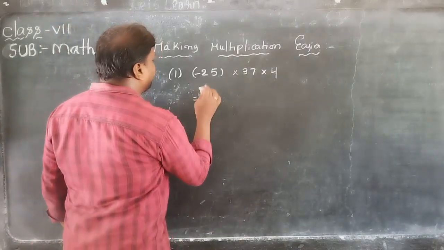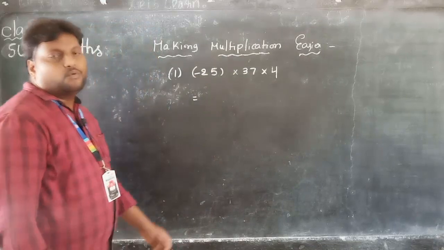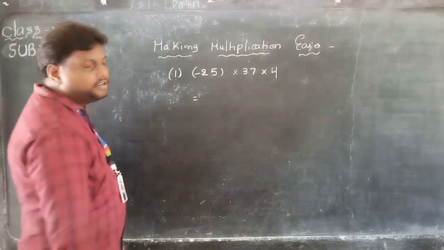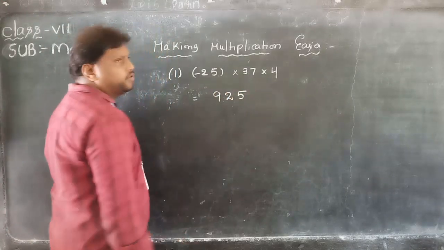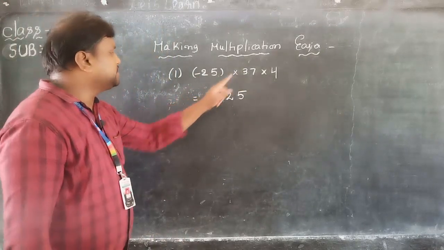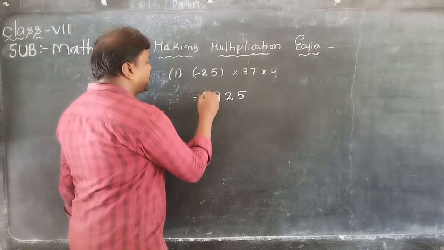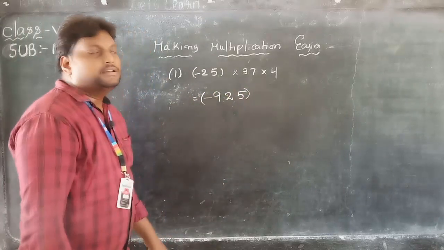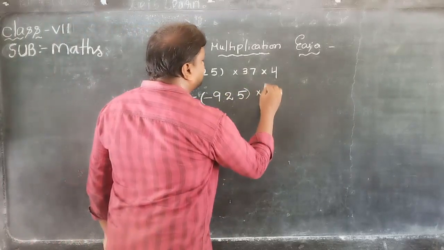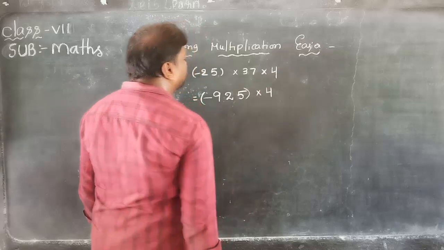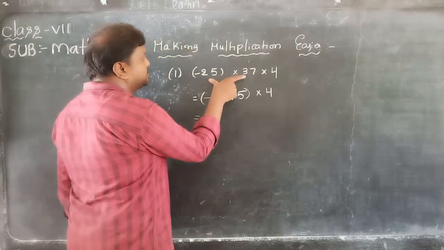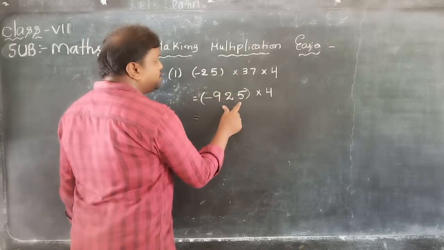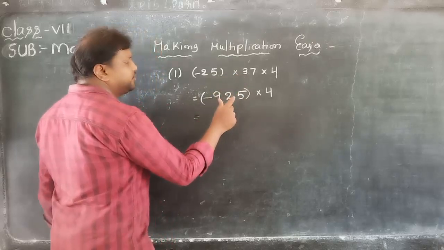See, normally multiply 25 into 37. What is the value of 25 into 37? 925. Minus into plus is minus. Next, the third term is 4. Now I first multiply the first value and second value, and the result is minus 925.